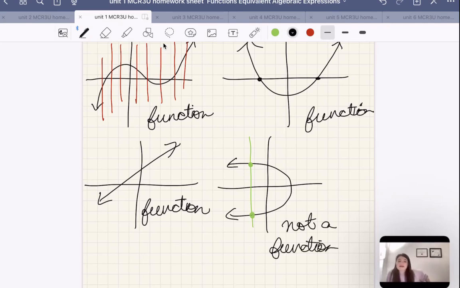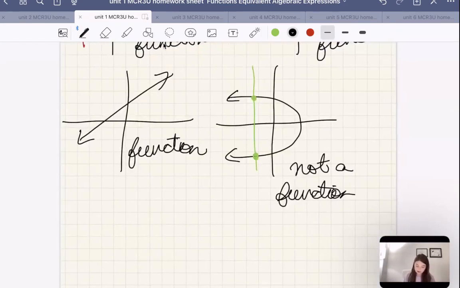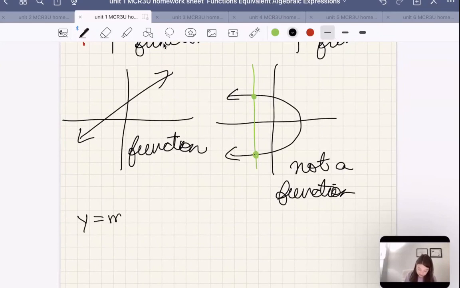Another way to test if something's a function or not is, let's say, for example, that we're putting in inputs. The question we need to ask ourselves is, is there any possible way to get two separate outputs from this? So for example, when it comes to all linear equations like y equals mx plus b, is it possible to multiply our x value by some number, by m, and then add b and get two different answers by doing that?